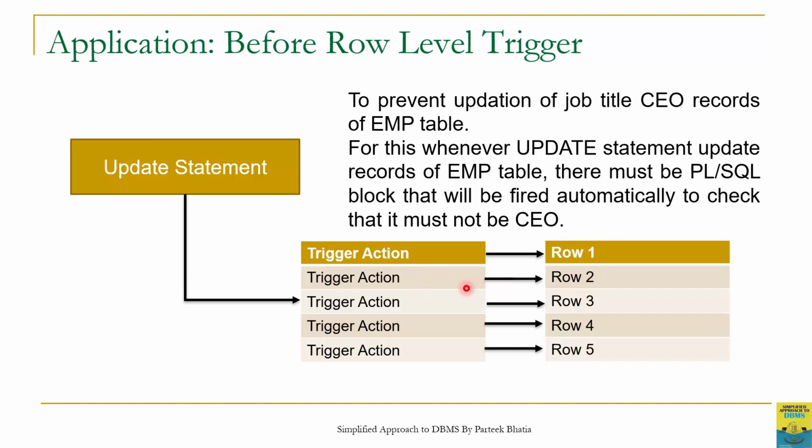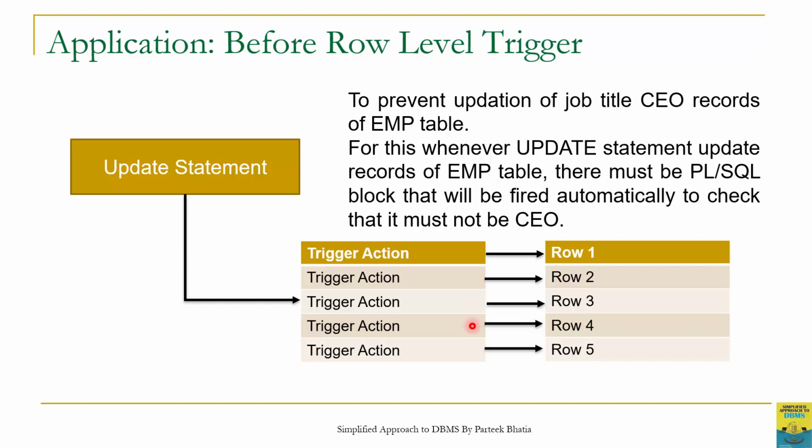Before updating this row, trigger action will check the job title. This time the job title is CEO. So trigger will perform an action to stop the execution of update operation for second row. Let's suppose row 3 belongs to salesperson. Now again trigger action will be performed before updating this row. It will check the job title. The job title is salesperson. So update operation will be allowed for row number 3.